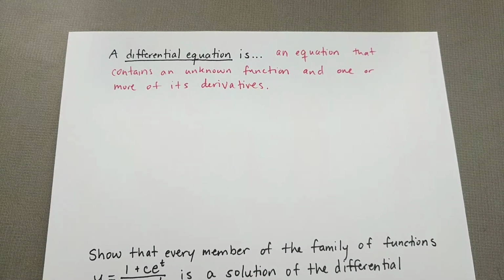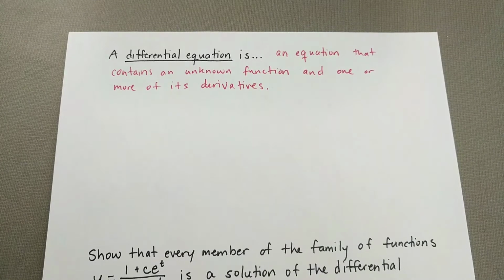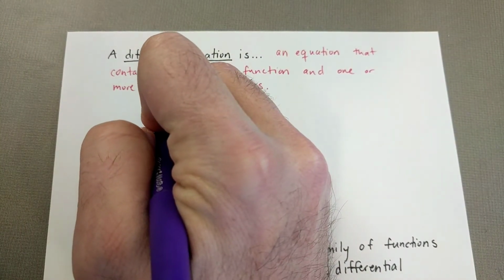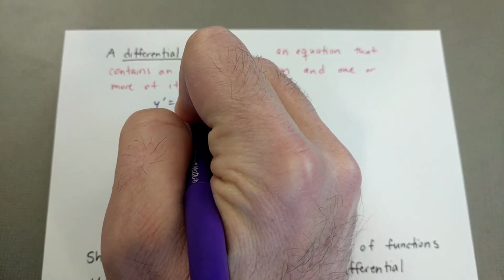Differential comes from the word differentiate. So when we differentiate, we find the derivative. A differential equation really describes what it is: an equation involving derivatives. We have actually been seeing these a lot. Here's an example of a differential equation: y prime equals x cubed.